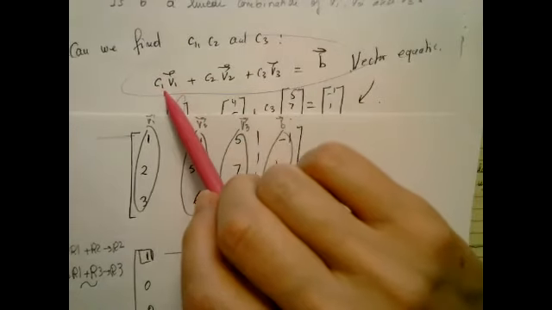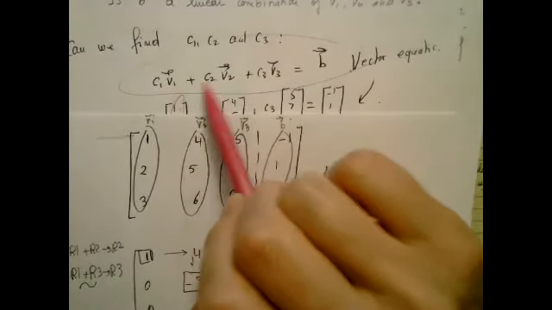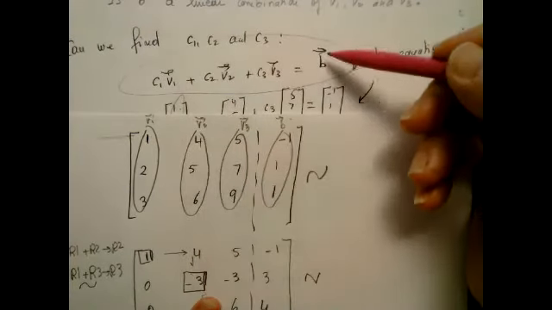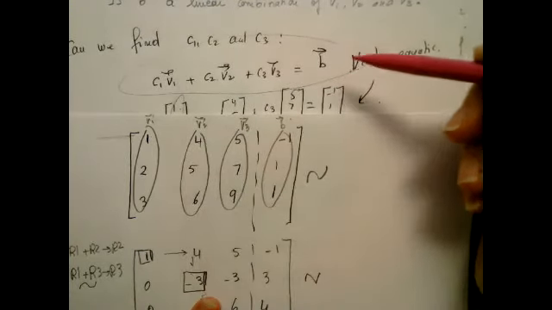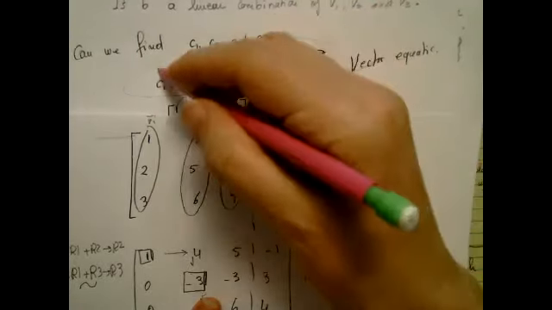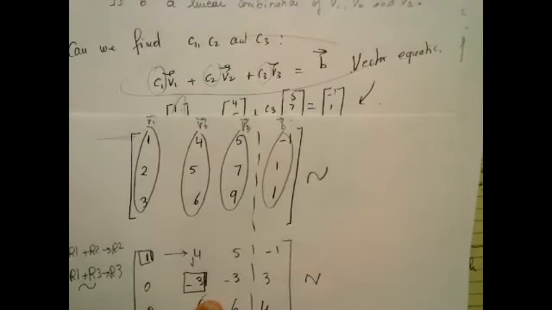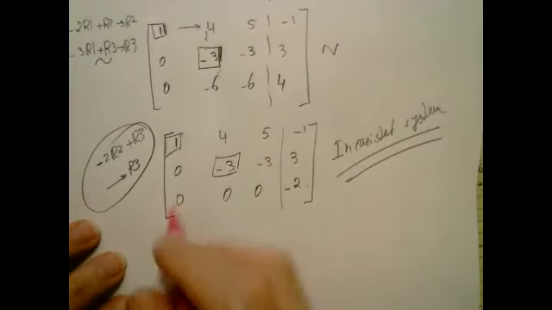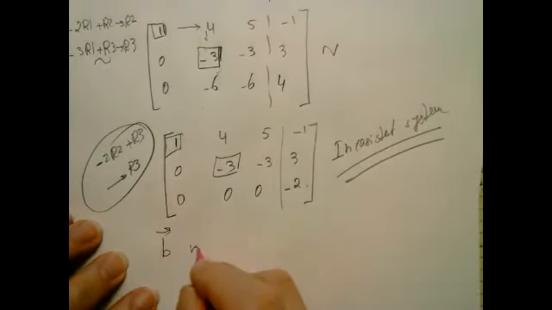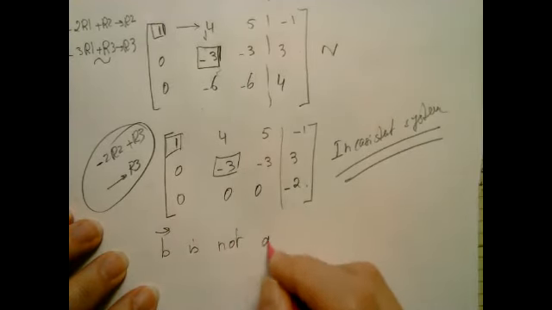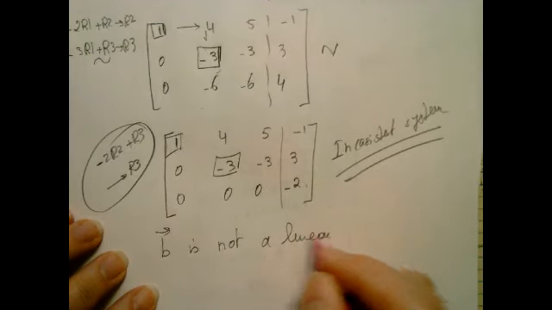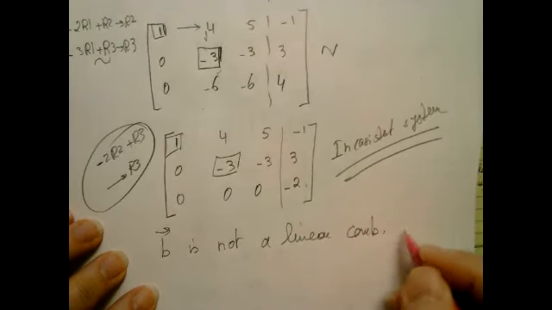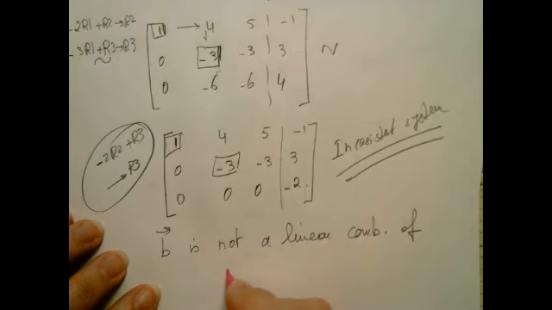We're looking for weights C1, C2, C3, so that as we stretch the vectors, we can reach the vector B. If the system is inconsistent, there is no way I can put weights on the scalars so that we hit the vector B. So the conclusion in this particular problem is that the vector B is not a linear combination of V1, V2, and V3.